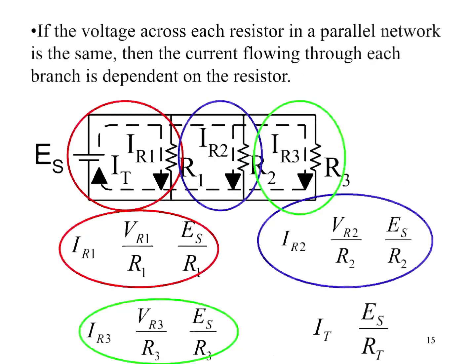So purely parallel circuit analysis is actually really quite simple. When you're looking at each and every branch, it's just a simple series circuit of which Ohm's law will give you the total current in that branch.